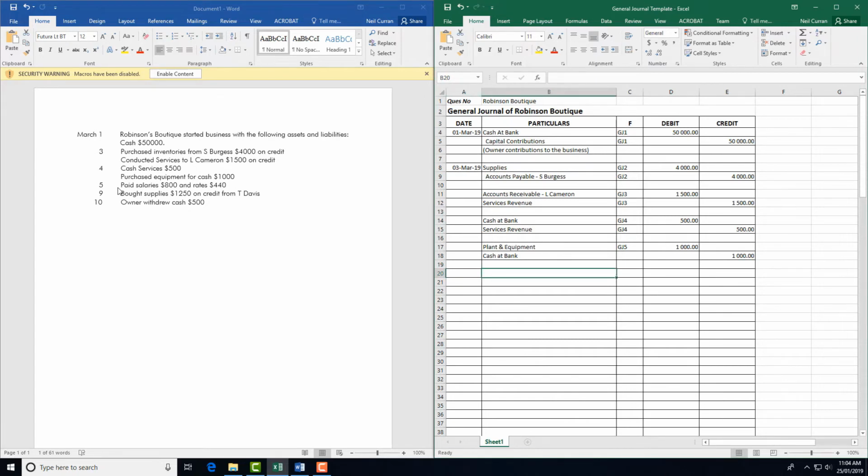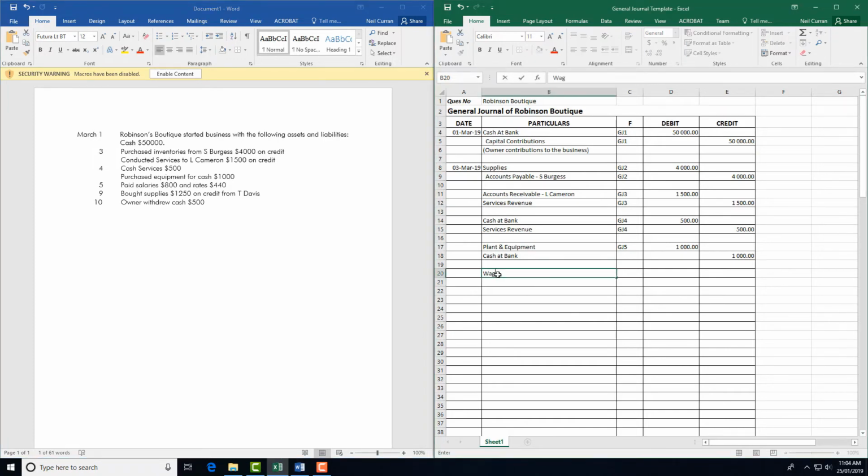Next journal, it says paid salaries. So again, we are paying something, which basically means cash at bank is going down. So when you don't see on credit and you just see pay, that means cash at bank is involved. Now, the other thing which you're looking for is what are we paying, and that usually happens after. So it's salaries and rates. So we can group these together.